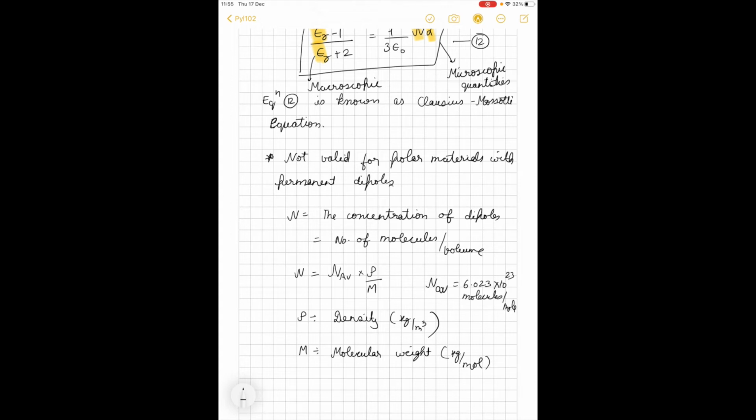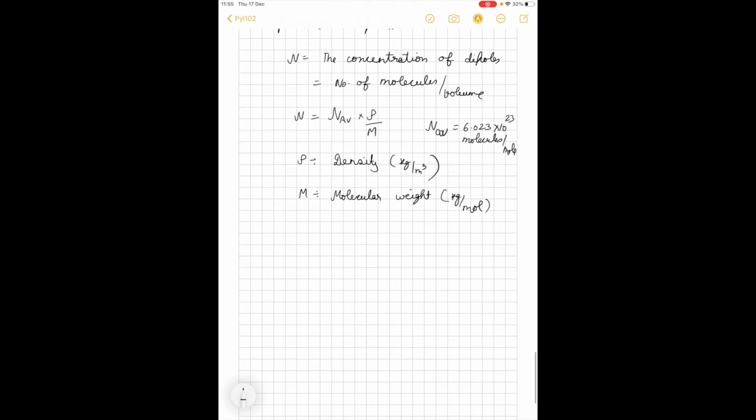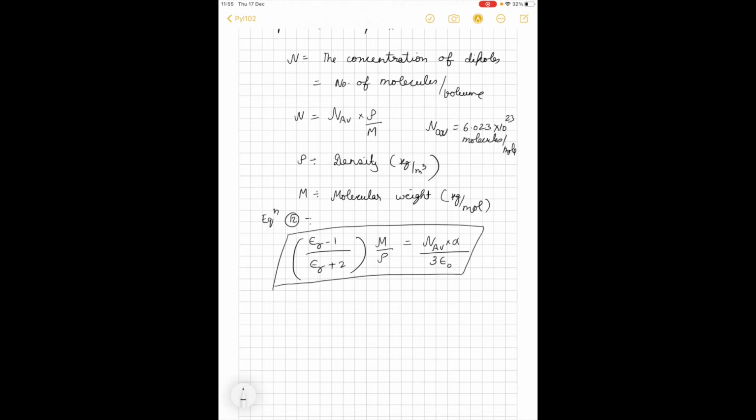All right, so equation 12, the Clausius-Mossotti equation, becomes (epsilon r minus 1) divided by (epsilon r plus 2) times M divided by rho equal to N Avogadro times alpha divided by 3 epsilon naught. This is one form of the equation in terms of N Avogadro.